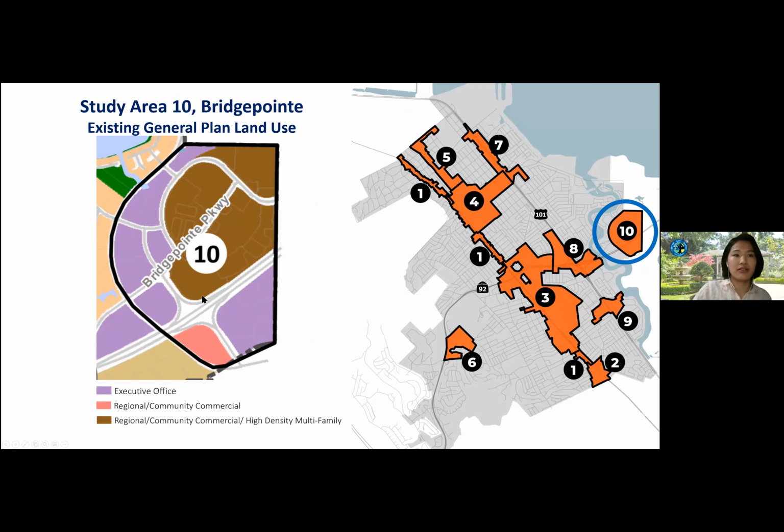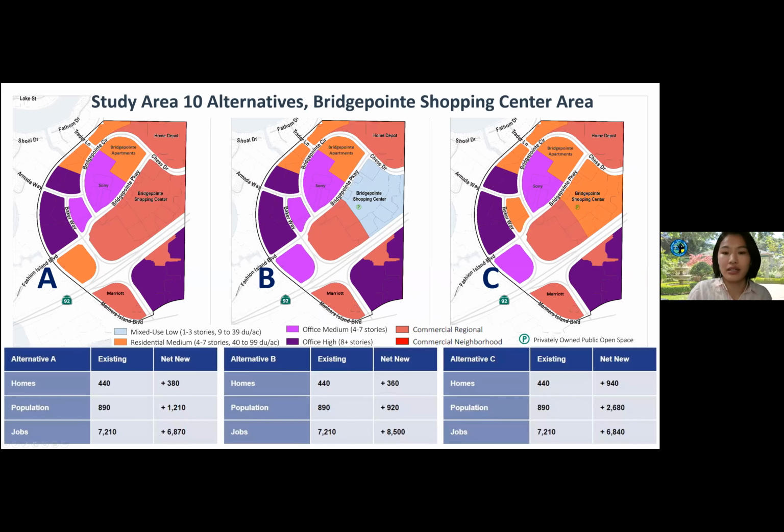So that's the land use is regional, community commercial. And so in the different alternatives, A, B, and C, A looks at keeping Bridgepoint Shopping Center the same, no change. Whereas B looks at introducing low mixed use, and C would look at introducing medium residential uses.